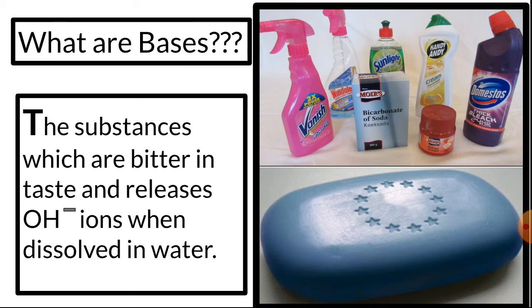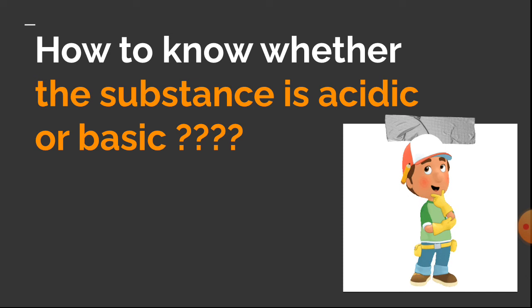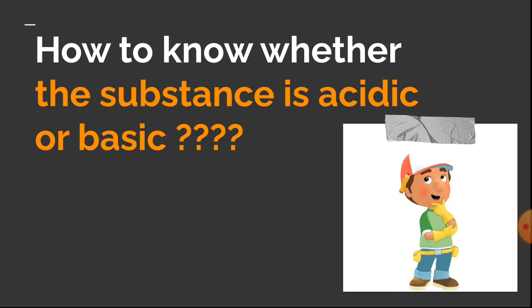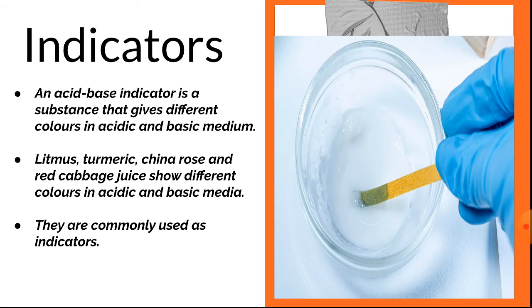Now a question arises: how to know whether a substance is acidic or basic, as we cannot taste each and everything to find whether it is acidic or basic? So let's see. Indicators. Indicators are used to find whether a substance is acidic or basic in nature.